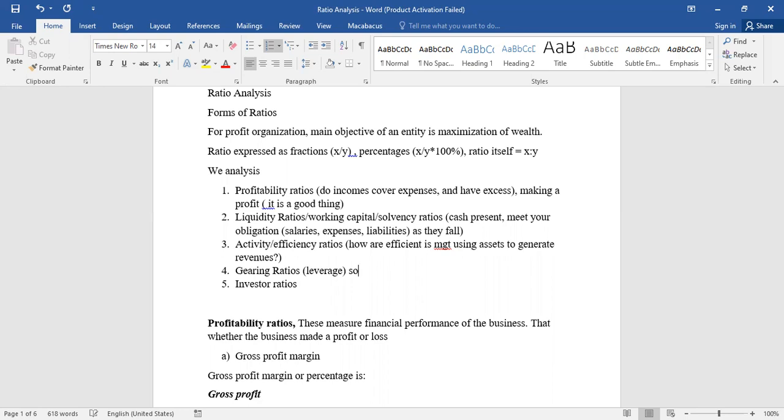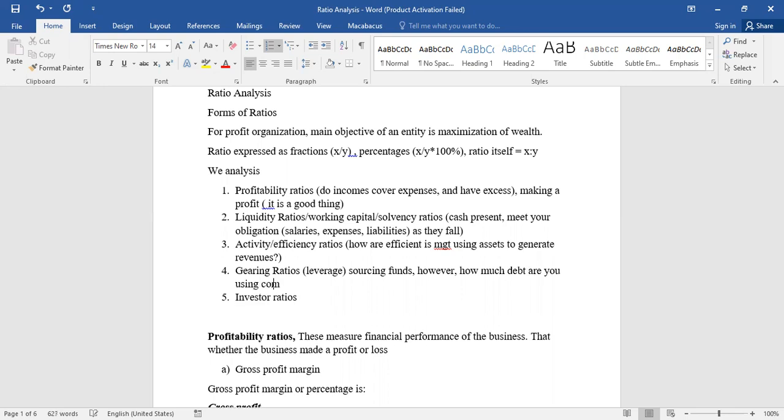You're sourcing funds, however, we're looking at how much debt you are using compared to equity. Equity is your money, the money of the owners.